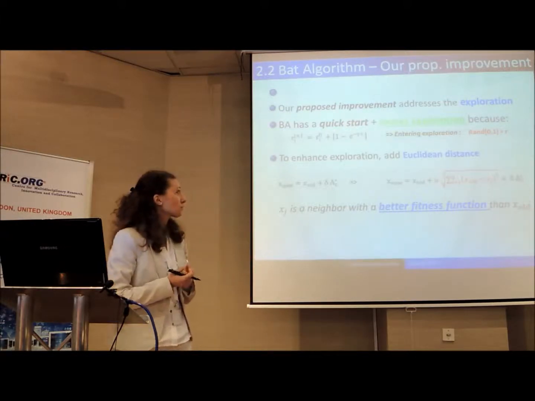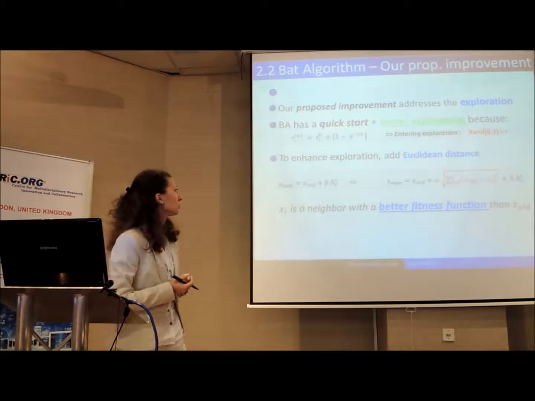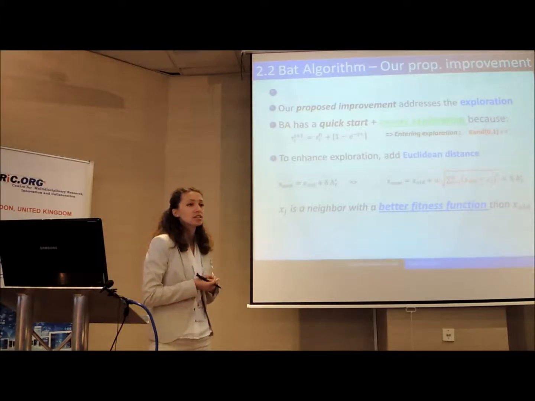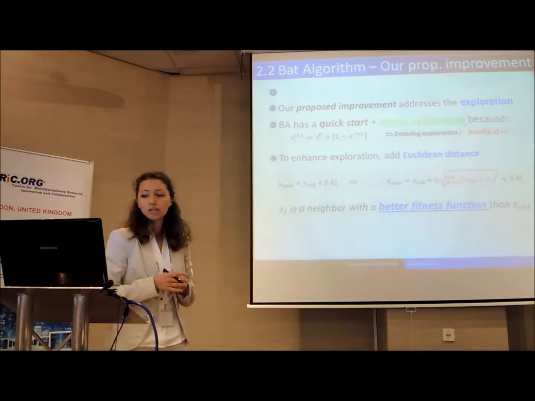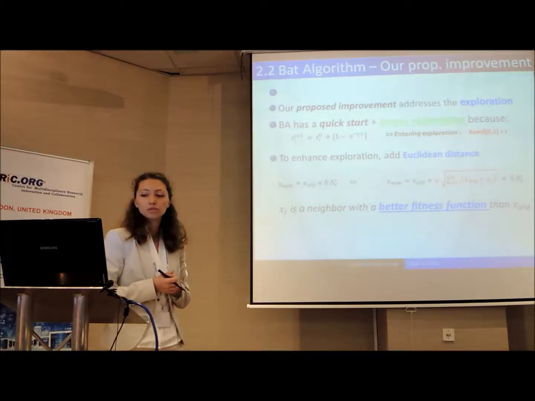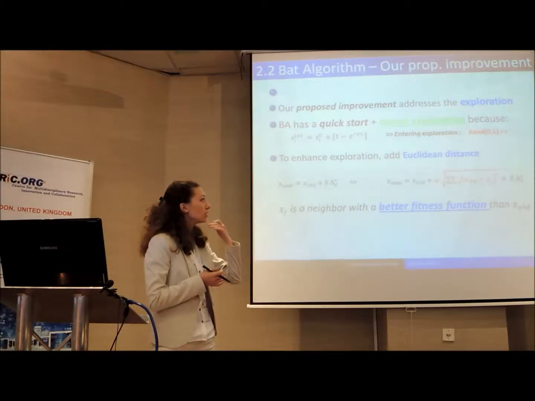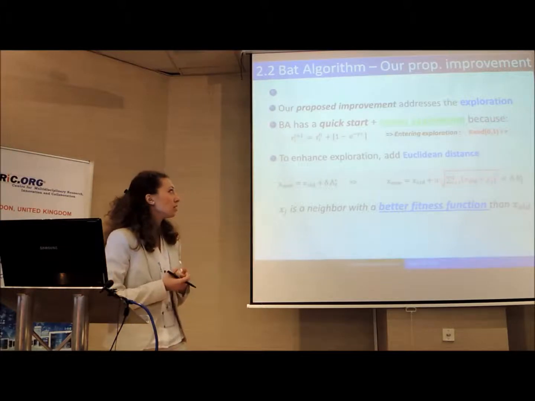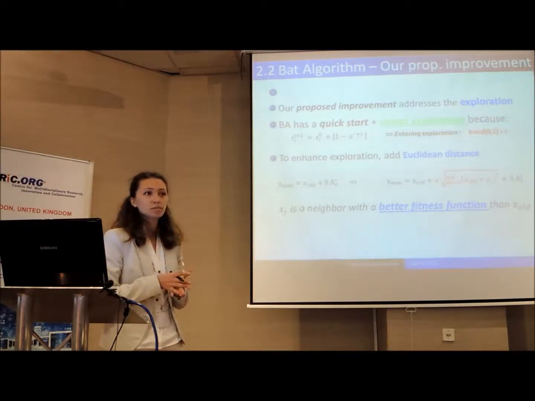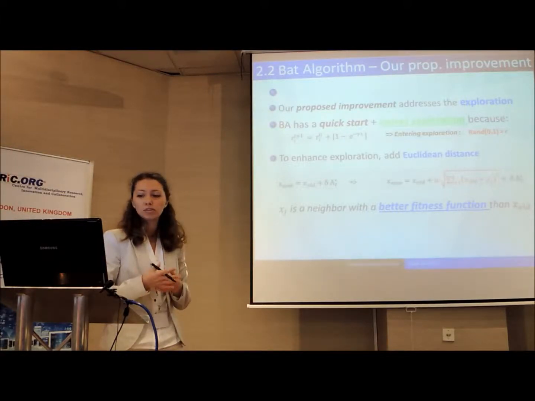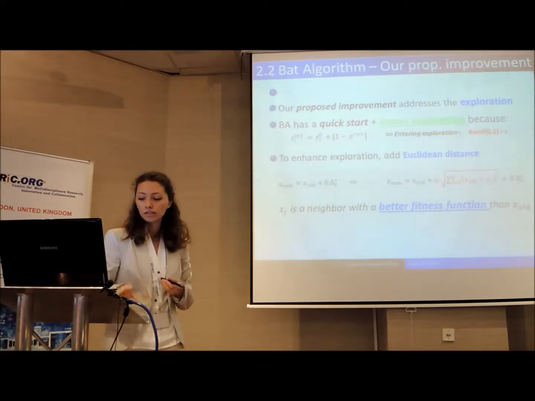Furthermore, the best solution is improved using small variation given by a decreasing loudness. And to enhance it, we introduce an additional term shown in red as a fraction of the Euclidean distance between its current position and a position attained by a neighbor, which has a better quality.